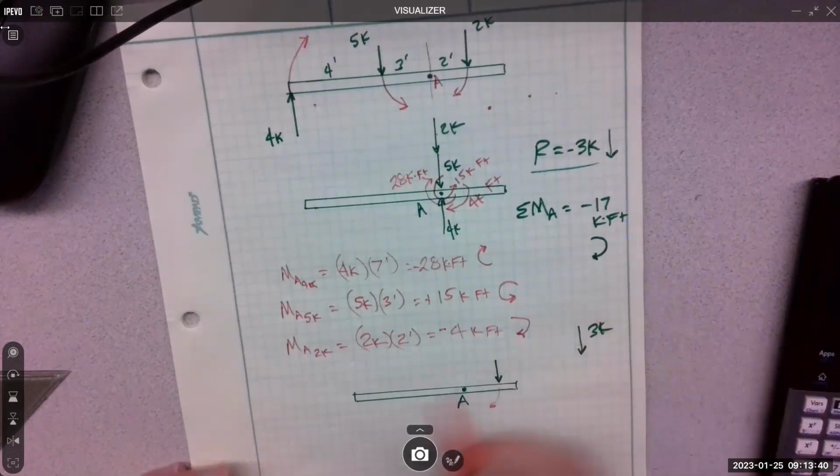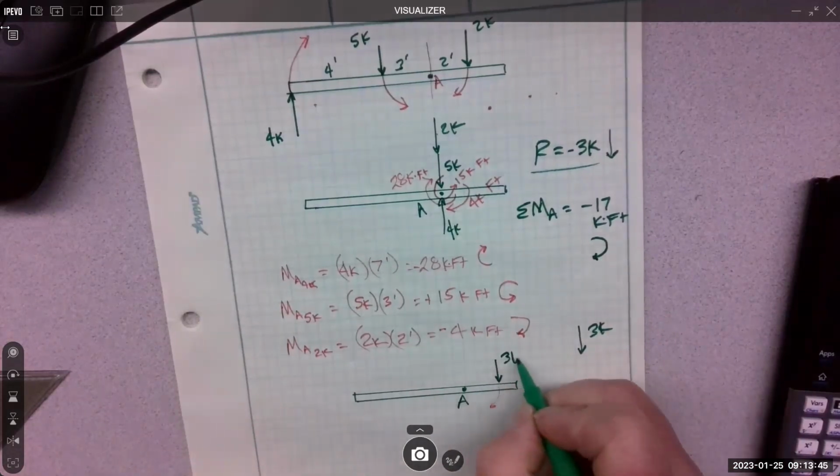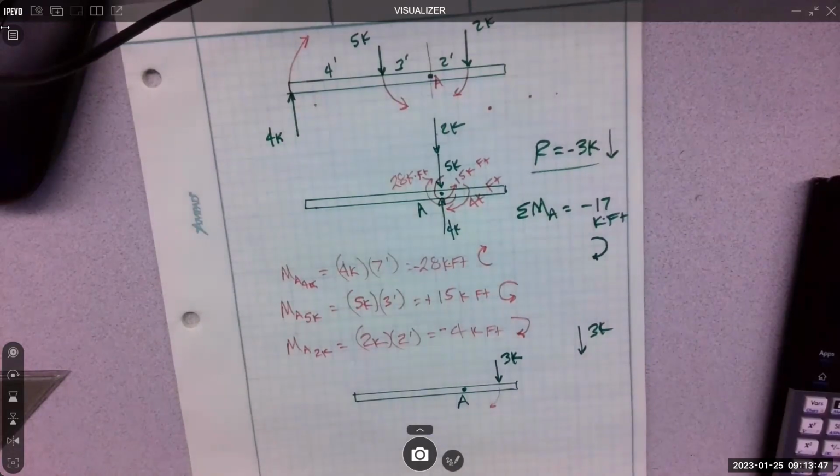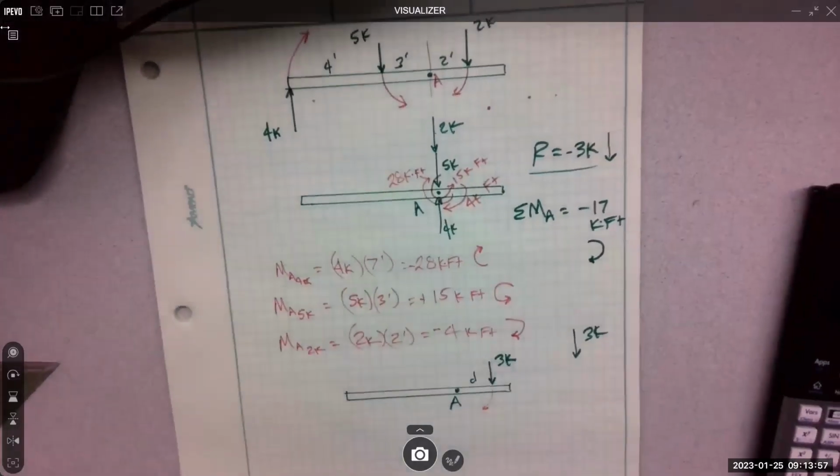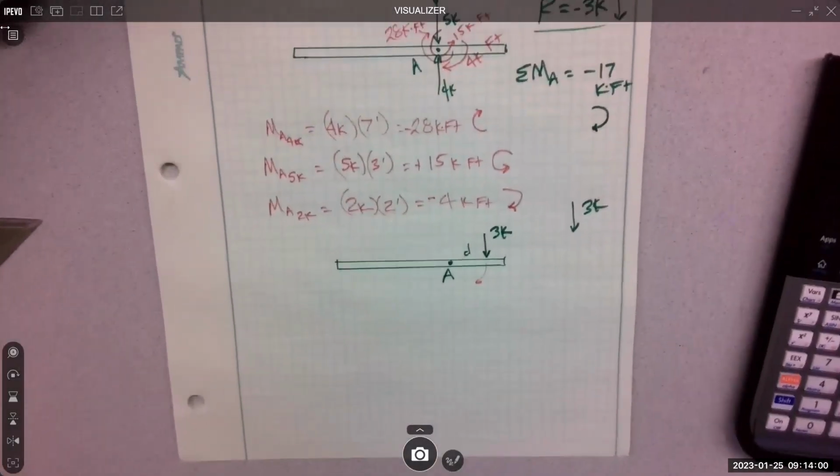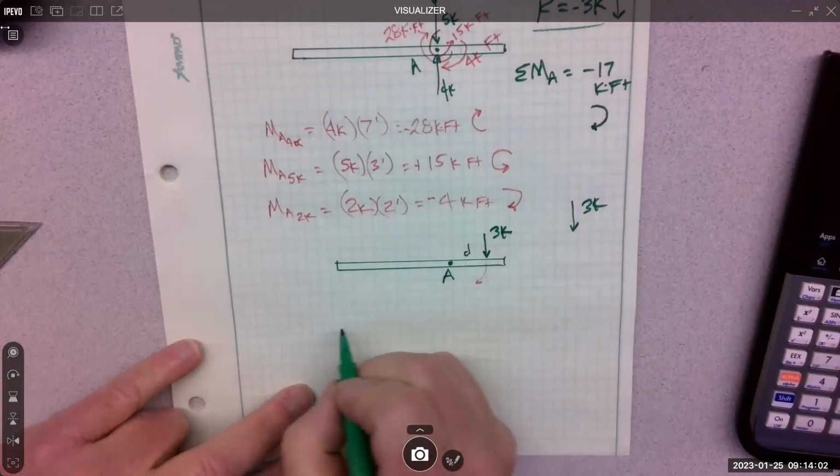And I know the magnitude of this thing. What is it? 3K. I just don't know the distance. I know which side of A it is. I don't know how far. How do I get how far? Use the formula.